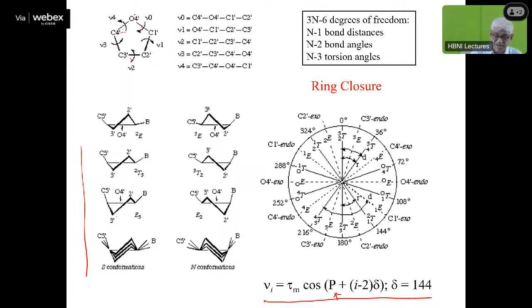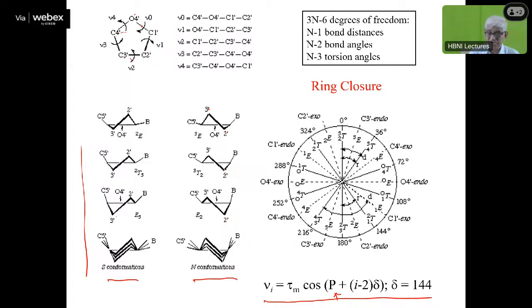All depending upon which atom goes up, which atom comes down, you have different nomenclatures for all of these. And so what we say is the ones which are on the lower side, from here to here, are called the south conformations. The ones which are present on this side are the so-called north conformations.